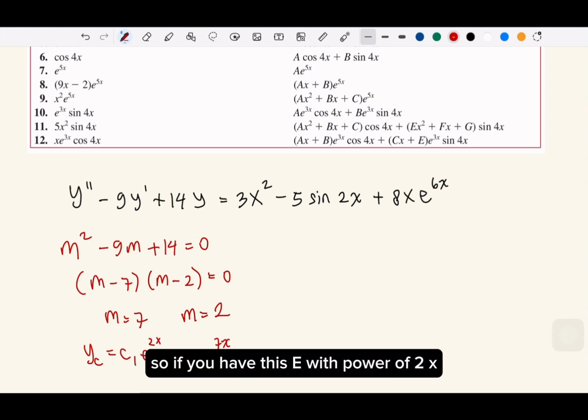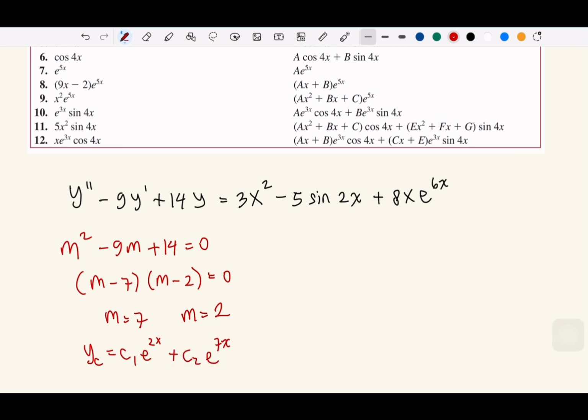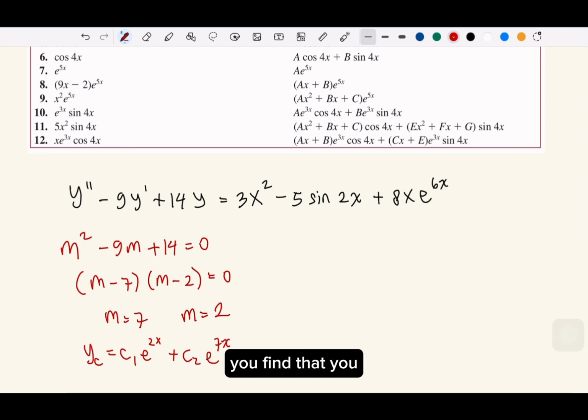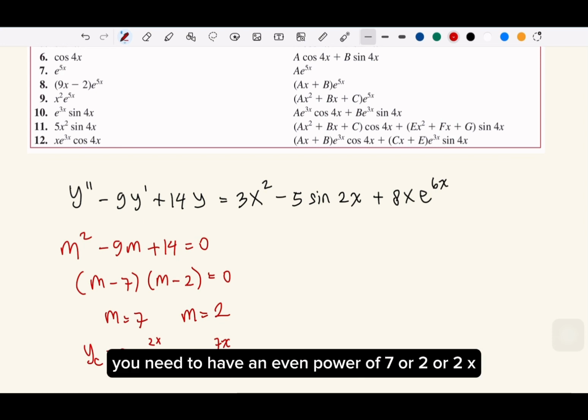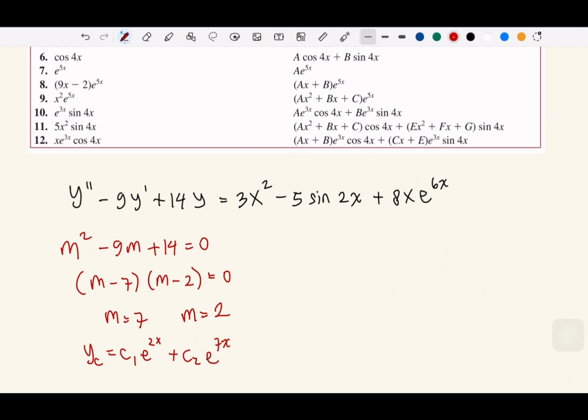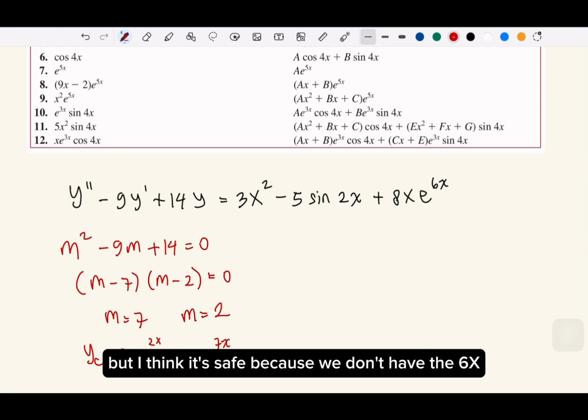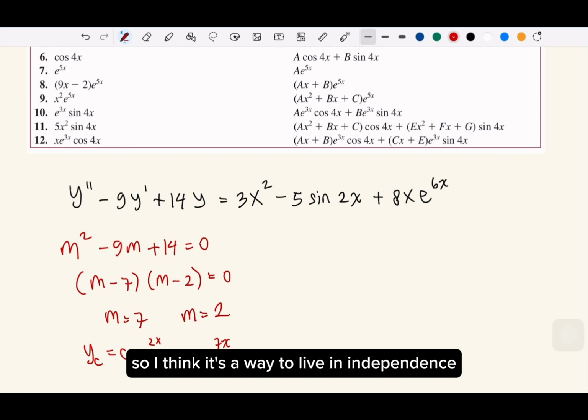So if you have e to the 2x and e to the 7x, and in the particular solution you find that you need e to the 7x or 2x, it means that you need to make that exponent linearly independent. The easy way to do that is to multiply by x. But I think it's safe because we don't have the 6x, so it's already linearly independent. I think it's safe.